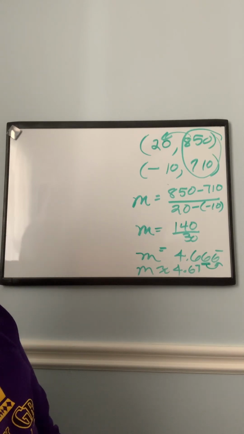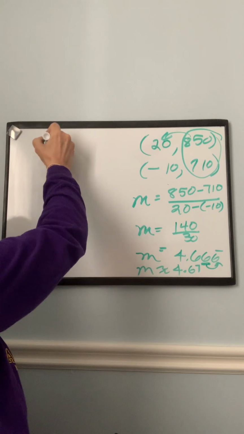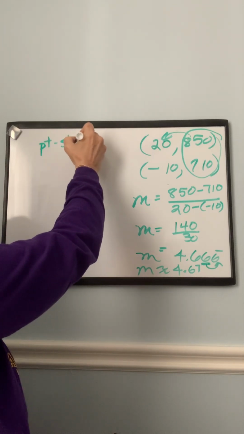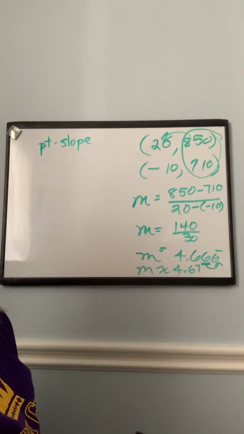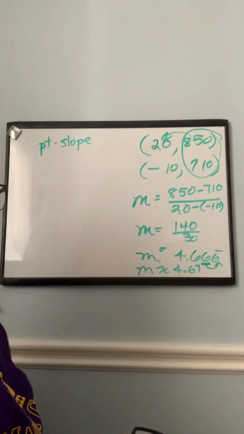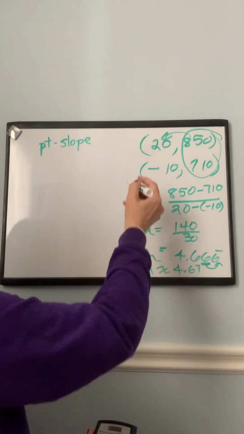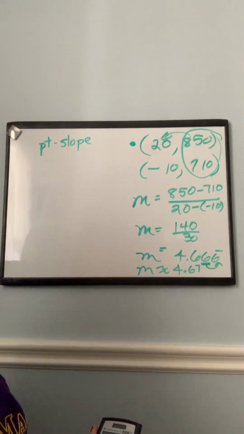Now once I have my slope and I've got 2 points, then I can use what we call the point slope formula. And I can write an equation to a line that has this slope and passes through these points. And so I'm going to pick the first one since everything's positive, but it really doesn't matter which point you select.